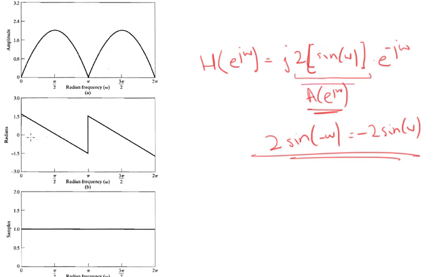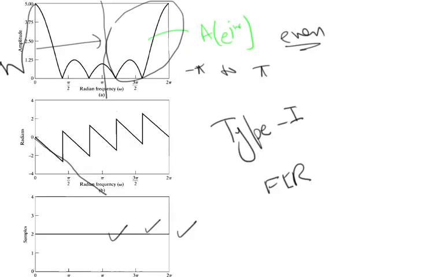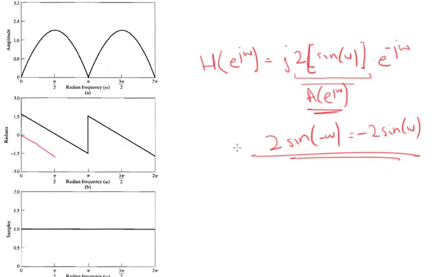Moreover, instead of starting phase from 0, as it was starting from 0 in type 2 and type 1 systems, here it is starting from pi by 2, because your beta in this case is pi by 2 or 3 pi by 2.